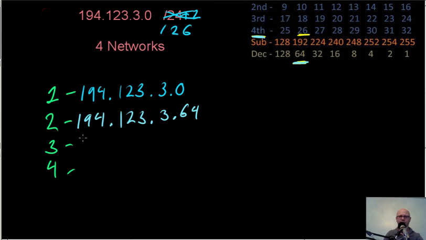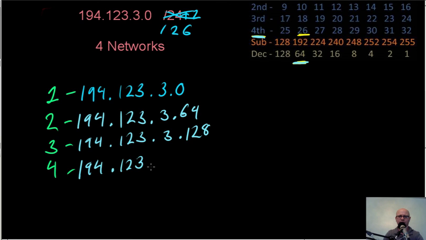Now, third network: 194.123.3.64 plus 64 is going to give us, you guessed it, 128. And then our last subnetwork is going to be 194.123.3.128 plus 64, 192. It's going to be our 4th network.